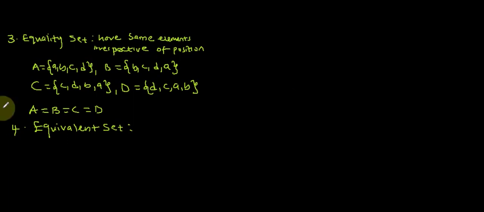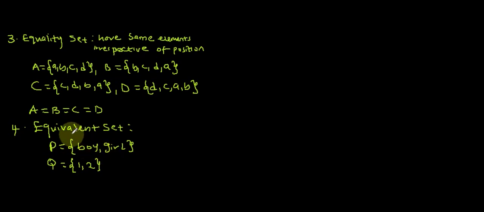For instance, let's say we have a set P to be a set of gender, boy, girl, and we have a set Q to be a set of numbers 1 and 2.